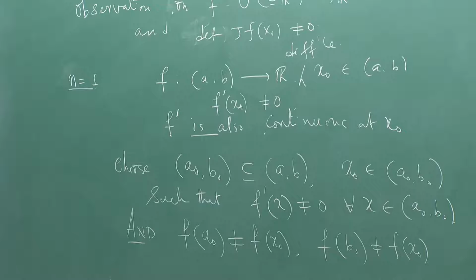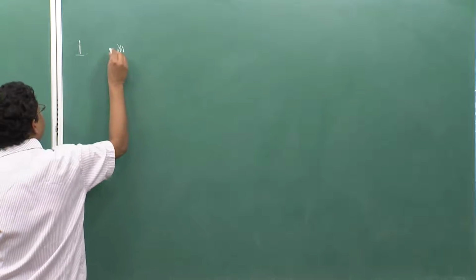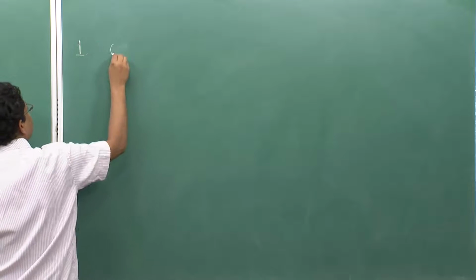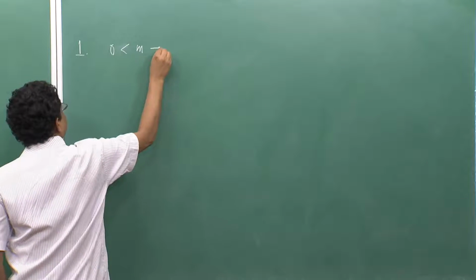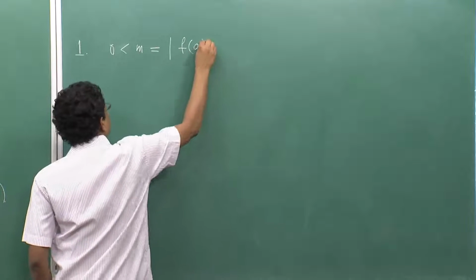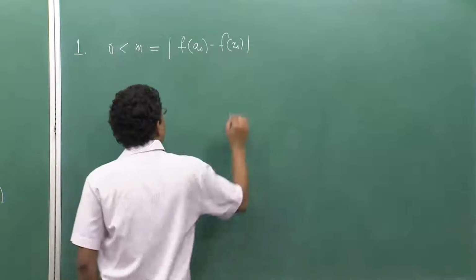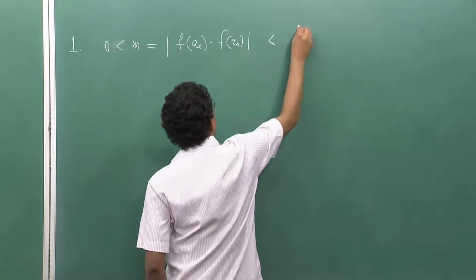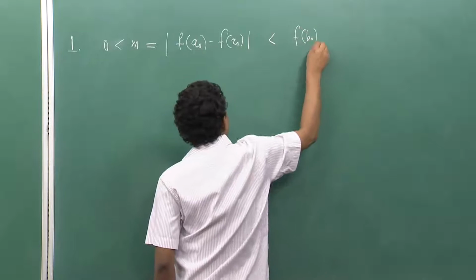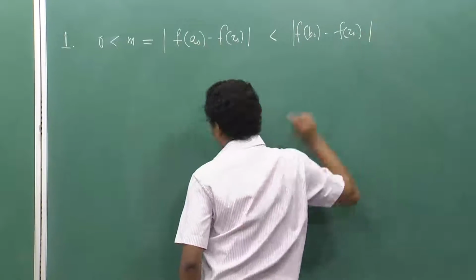Okay, very good. Now let m be greater than 0, and I assume this is less than this, which I can also do without loss of generality.